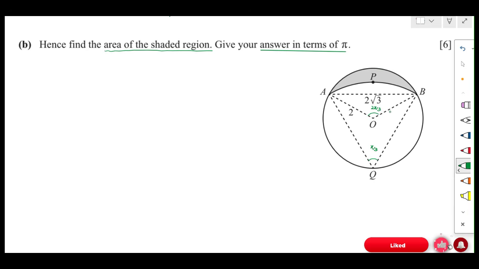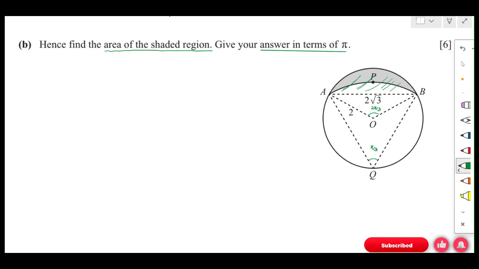So what I am trying to explain is that first we need to figure out the area of the sector OAB, this whole sector, and then the triangle OAB. From the whole sector area, if you subtract the triangle, you will get the area for this segment, the larger segment we can say.